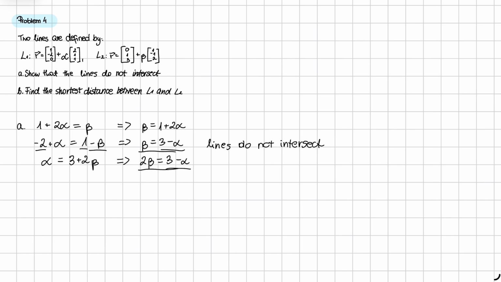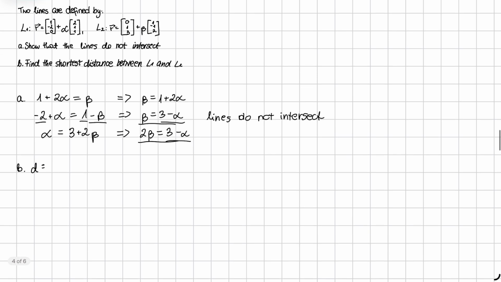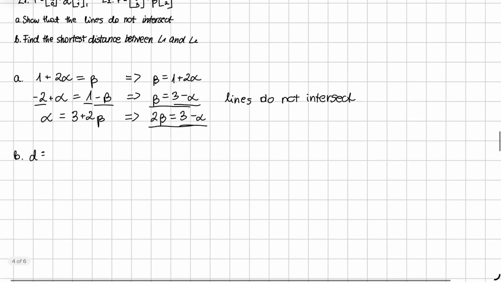And B, find the shortest distance between L1 and L2. Here we have to use a formula that sadly is not in the booklet. However, sometimes it may appear, so it's good to remember it.